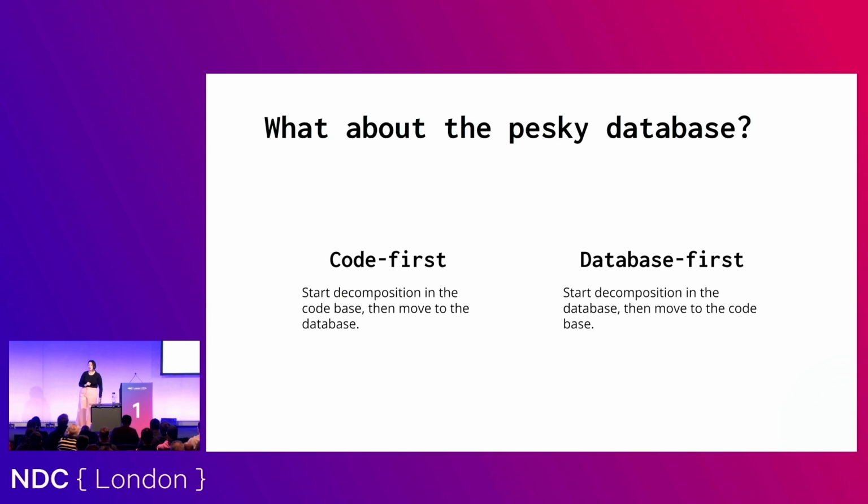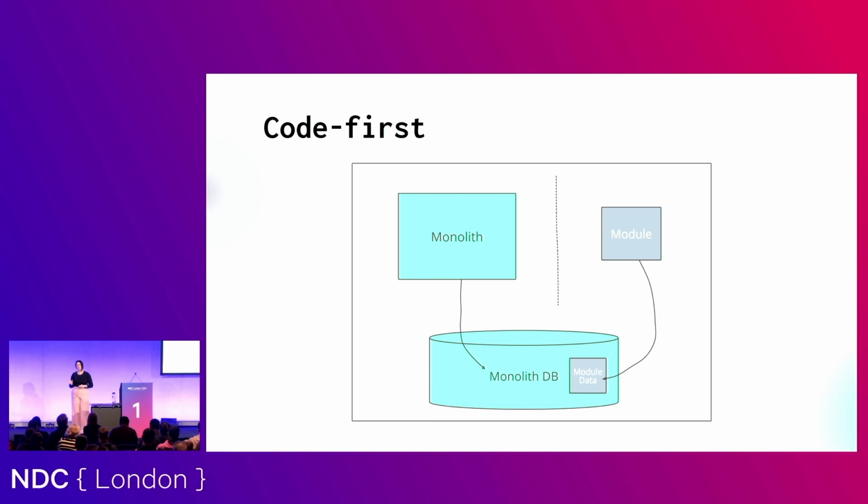It was not good. So, okay, we have code first. So you go and look at your code base and you think, all right, this is where we're going to start pulling this section out, this module, we're going to pull that out. Easy, yeah? Database first, that sounds a little bit more complicated. But let's think about this.